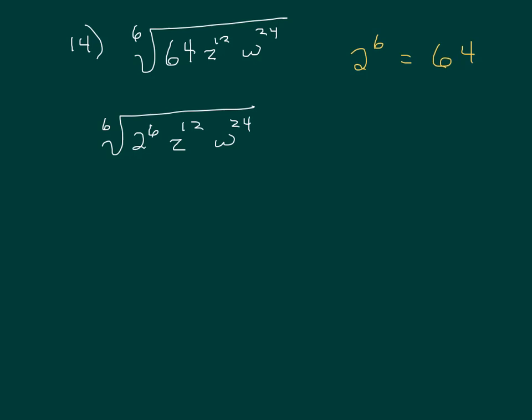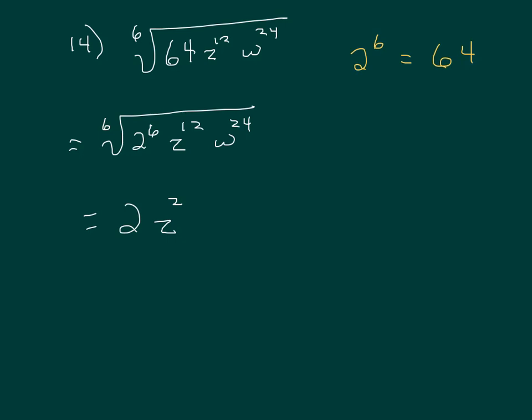Okay, so we pull out that 2, and then we look at our exponents. 12 divided by 6 is 2, so on the outside we have z squared, and there's no remainder, so there's no more z in the radicand. And then we have 24. 24 divided by 6 is 4.